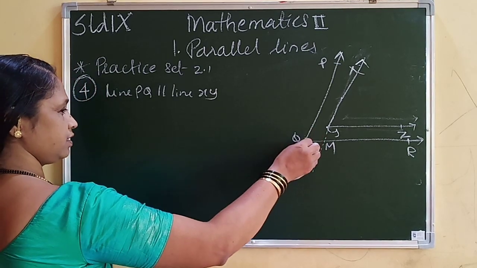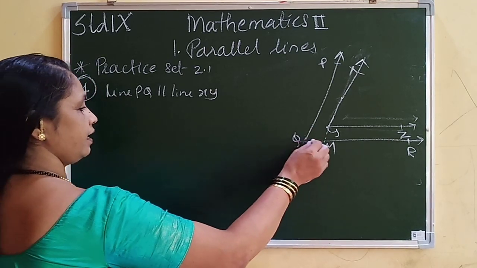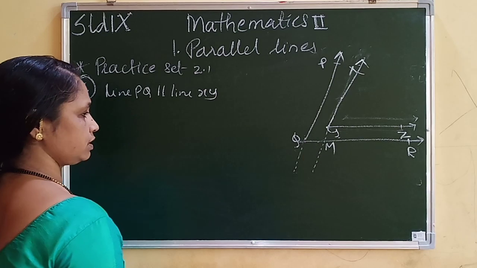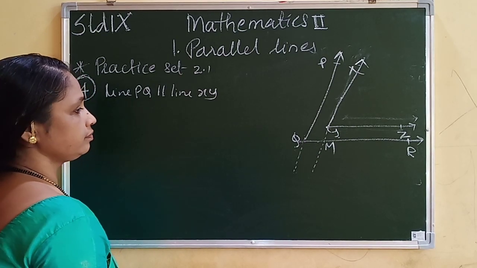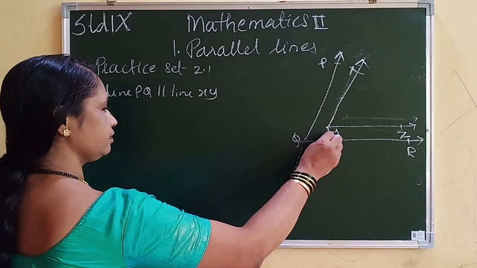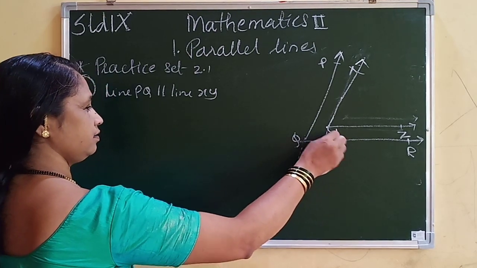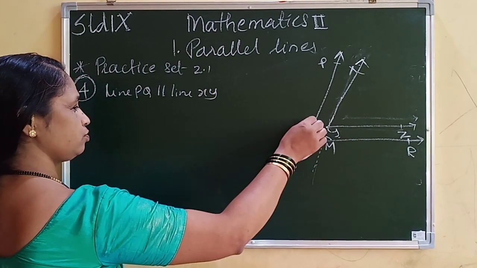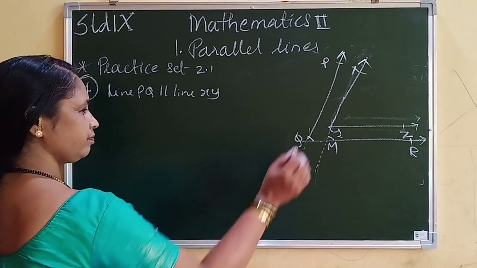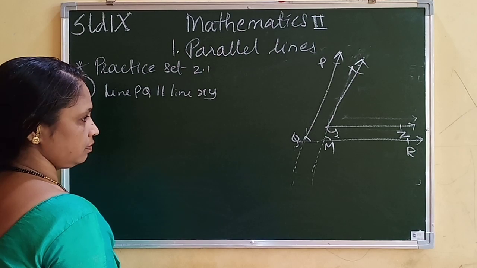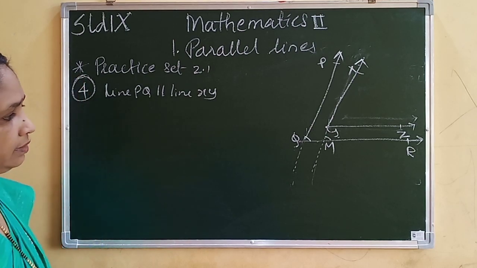If you consider these two parallel lines and this transversal, the angles made by it are this angle and this angle.